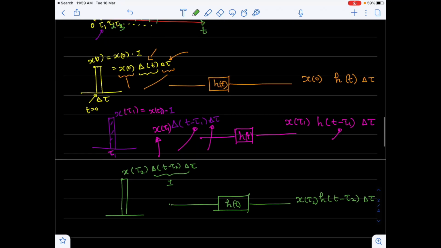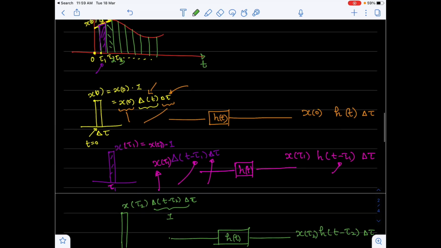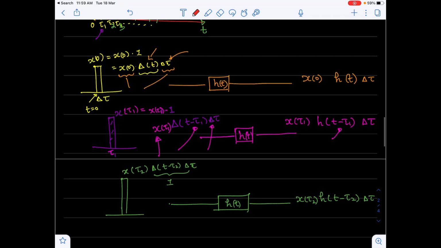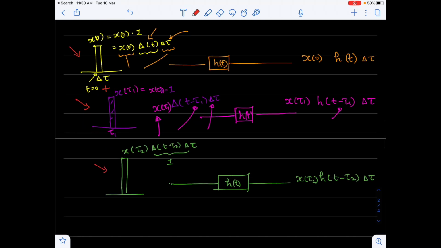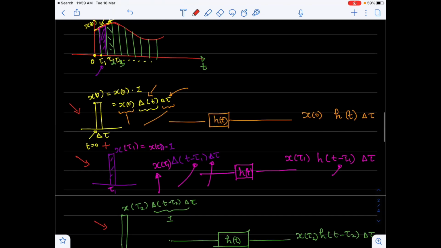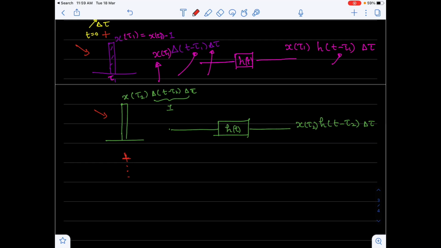Now I can continue this procedure until I cover the whole signal. How can I cover the whole signal? If I add the first pulse plus the second pulse plus the third pulse and so on, you will get the complete signal, which is nothing but x(t).